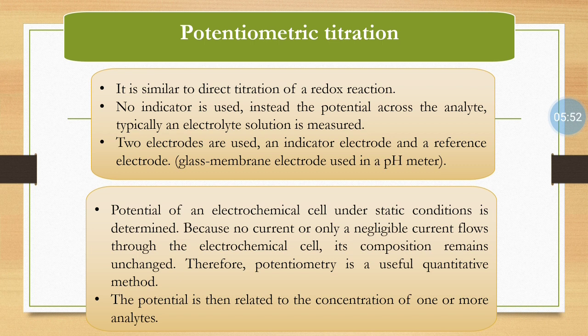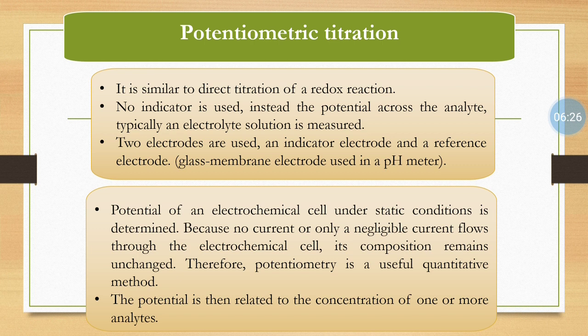However, the advantage in potentiometry is that it does not require any indicator. Instead, the potential across the analyte, typically an electrolyte solution, is measured. In this technique, generally two electrodes are used. One is known as the indicator electrode, the other is known as the reference electrode. In a pH meter, a glass membrane electrode is generally used as the indicator electrode.